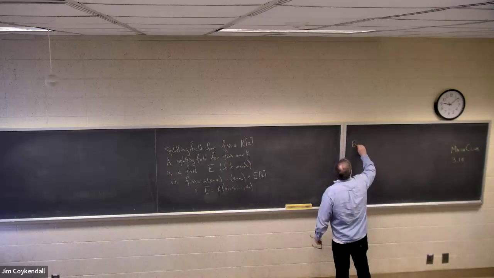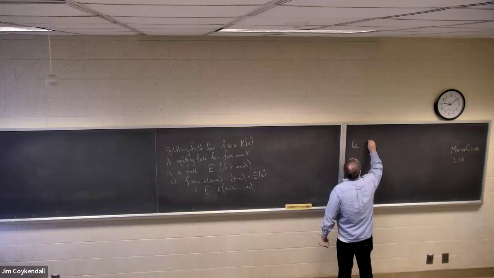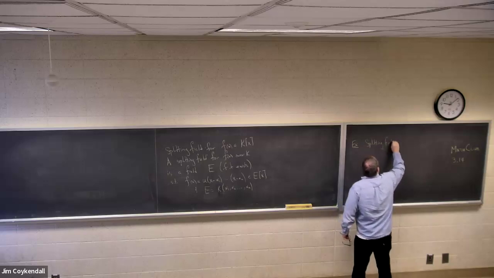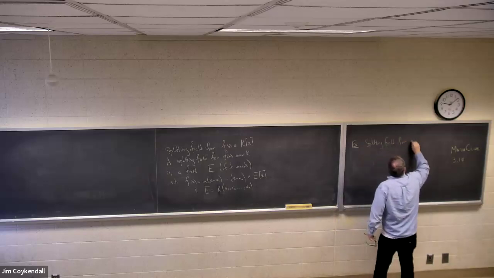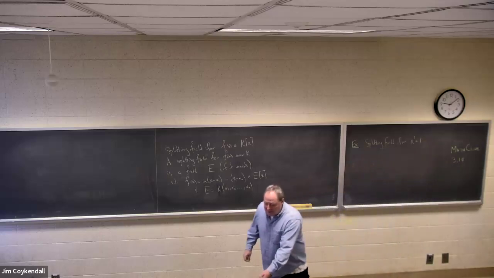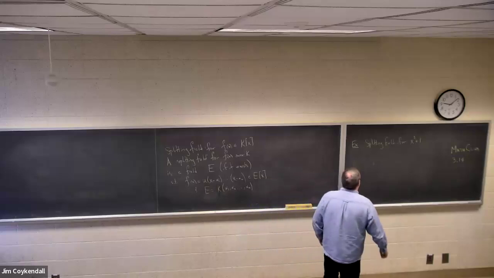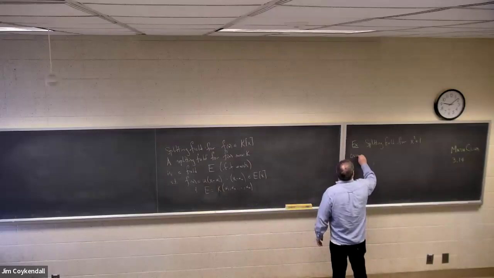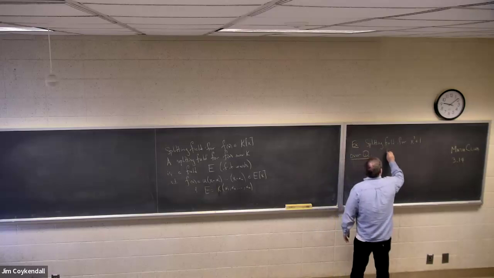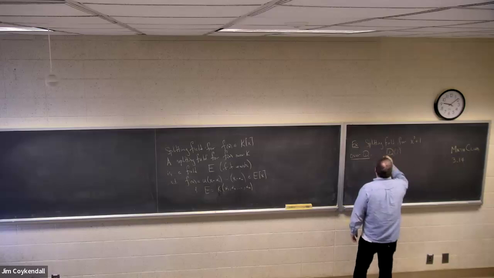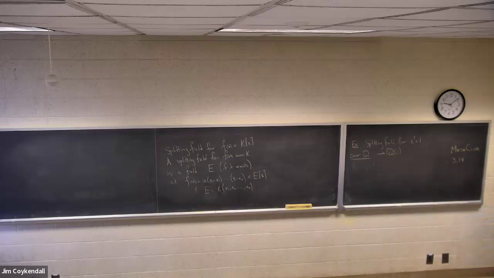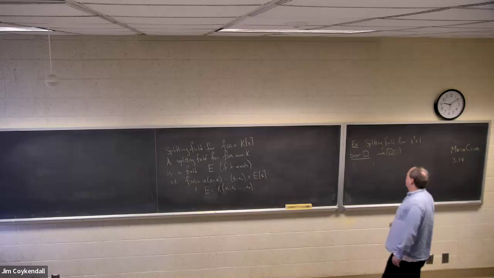So for example, what's the splitting field for this? Well, it depends on what my base field is. The splitting field here is Q(i), which is a degree 2 extension of the rationals.